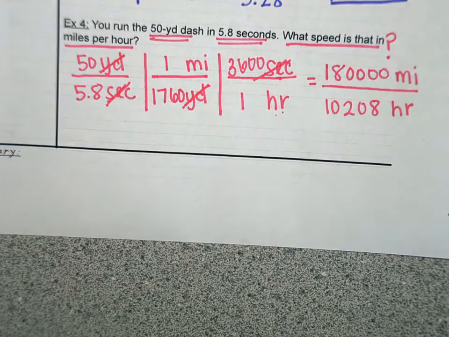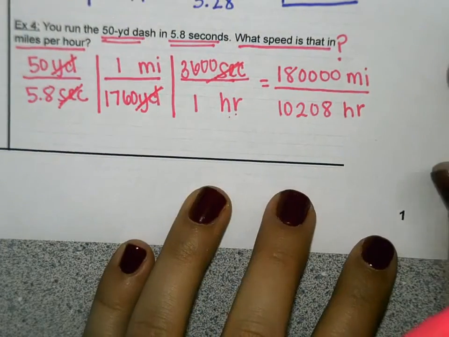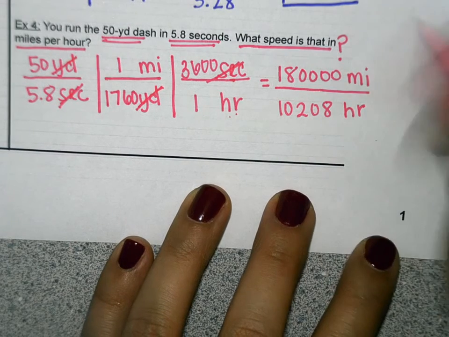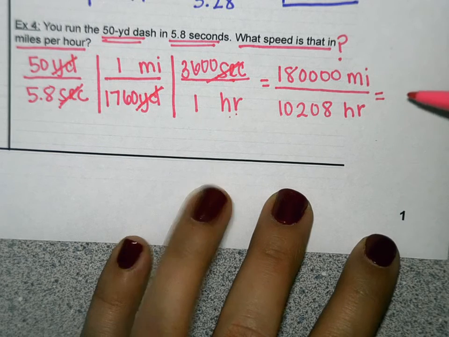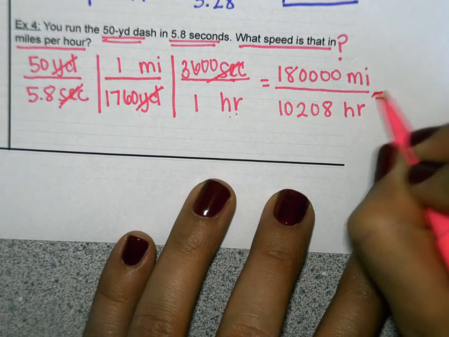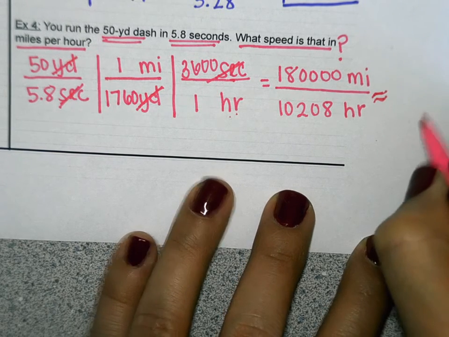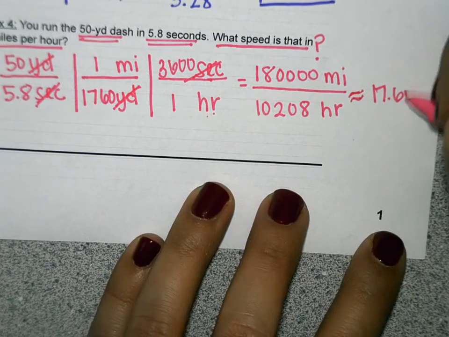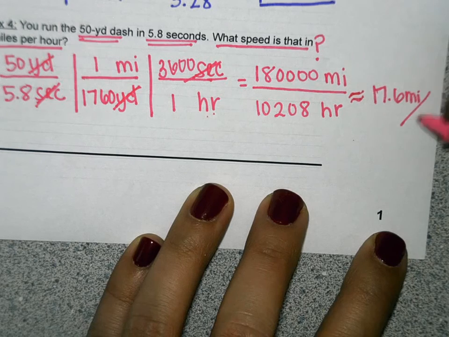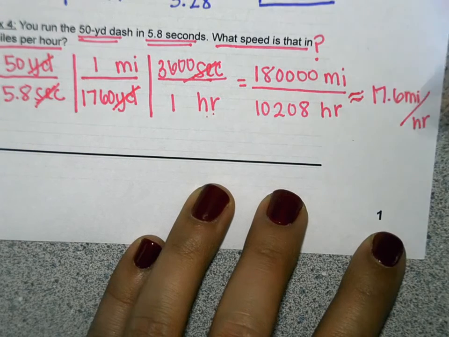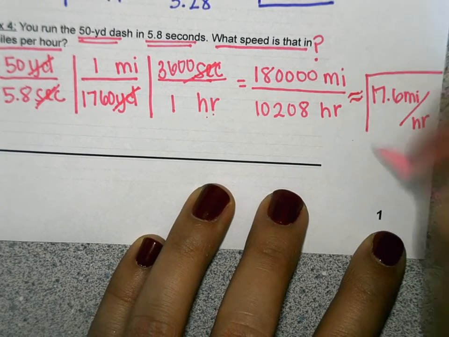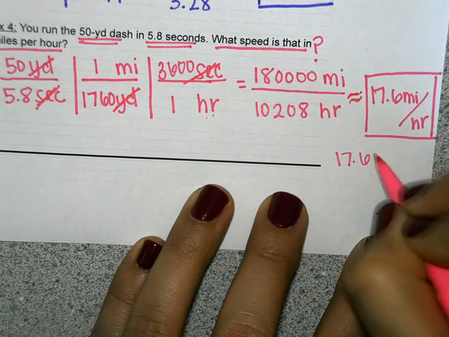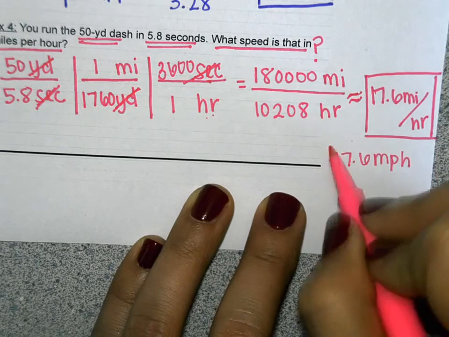So the very last step is you are going to divide 180,000 by 10,208, and you should get approximately 17.6, and that's miles per hour. If you wrote 17.6 miles per hour, that is also the same thing.